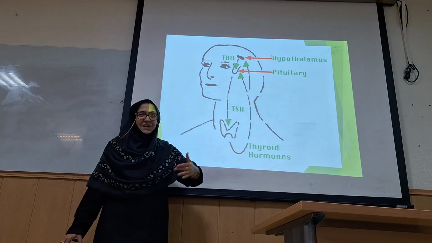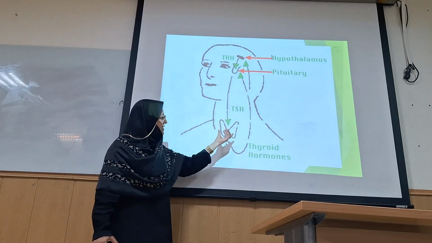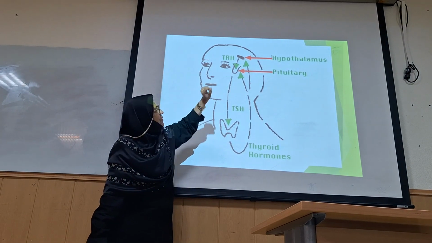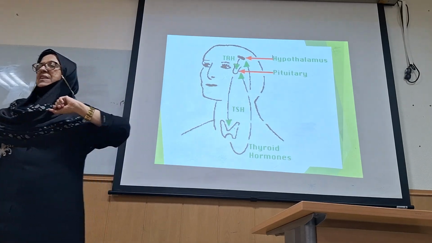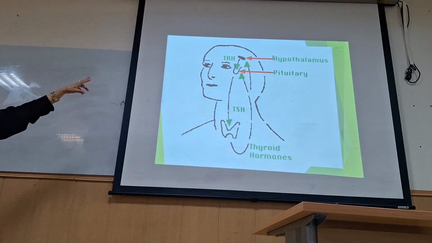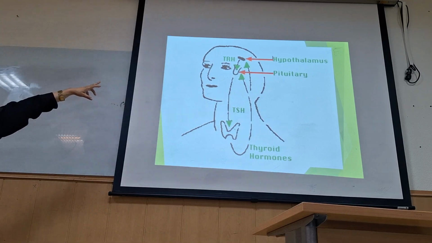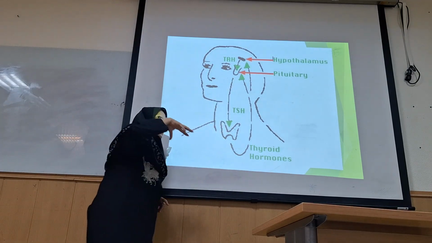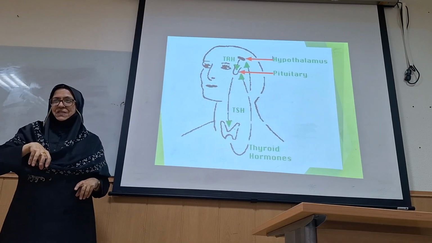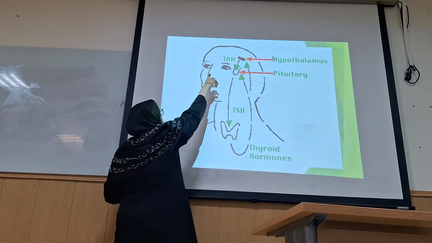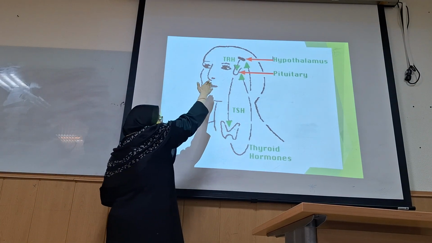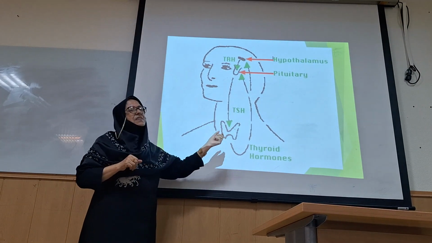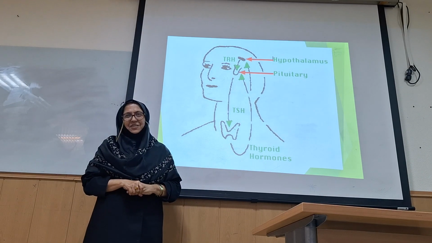TSH is thyroid stimulating hormone and has many receptors on the thyroid gland. Okay? In the hypothalamus, there are many nuclei. These nuclei release thyrotropin releasing hormone. Thyrotropin releasing hormone has receptors on the thyrotropic cells in the hypophysis. Therefore, TRH stimulates TSH, and TSH stimulates the thyroid gland. Okay?